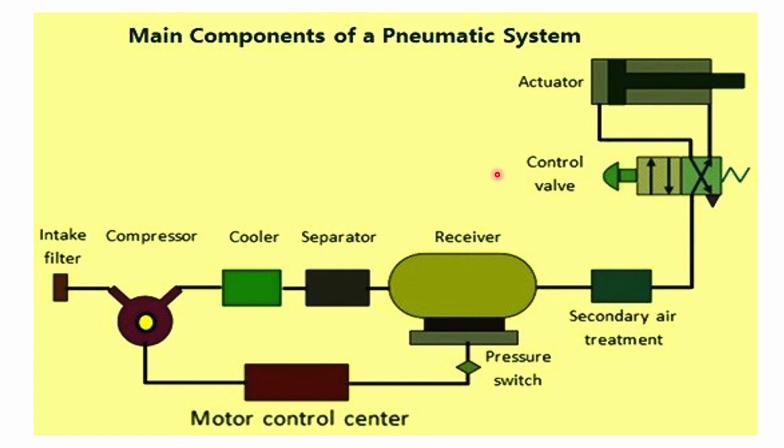Now, in this diagram, let us see the main components of a pneumatic system. You see the air comes to the compressor through a filter and gets compressed, then it passes through a cooler where it is cooled, and after that the moisture separator removes the water from the air and it goes to a receiver where the air is stored at a pressure.